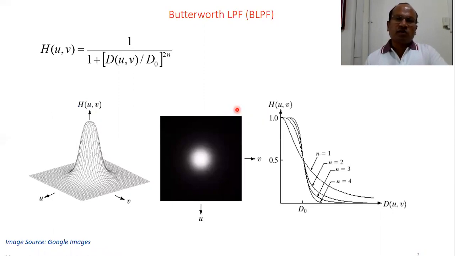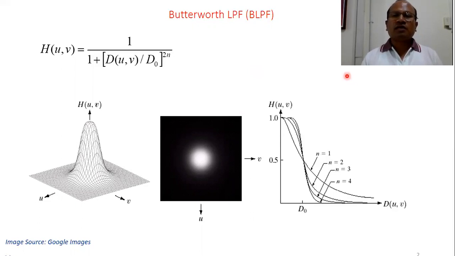We talked about the ideal low pass filter, where up to a certain cutoff distance the signal is allowed, and after that it is rejected. The next one is the Butterworth low pass filter.